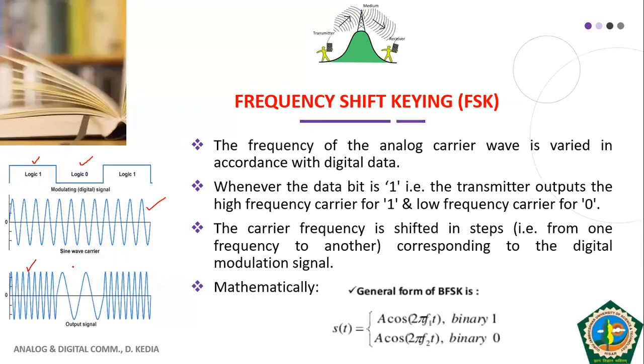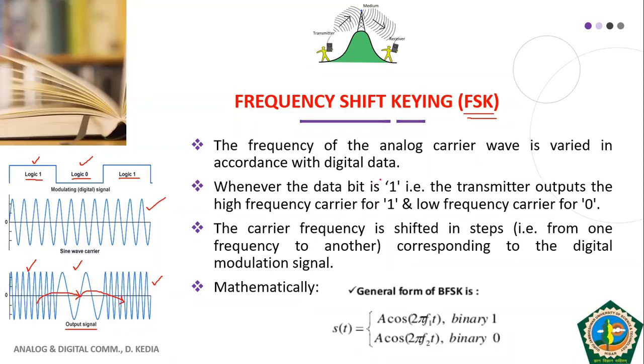During 0, I'll have carrier frequency F2 present. So depending on the change of my modulating signal values, the frequency of my output signal will shift from one frequency to another. That's why we call it FSK.